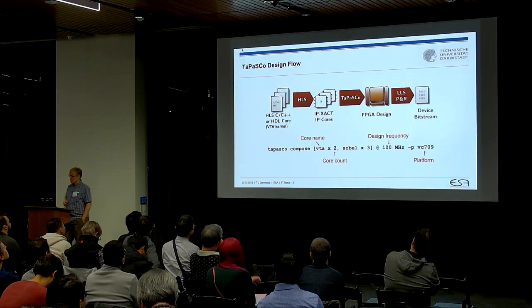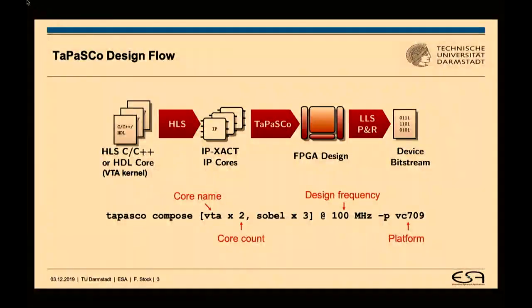The design flow is that you can instantiate on this system the HLS cores. This is, for example, a VTA kernel. And this goes through the regular design flow by using the HLS compiler. TaskTabasco is then used to instantiate the FPGA design, which afterwards gets the standard low-level synthesis with place and route.